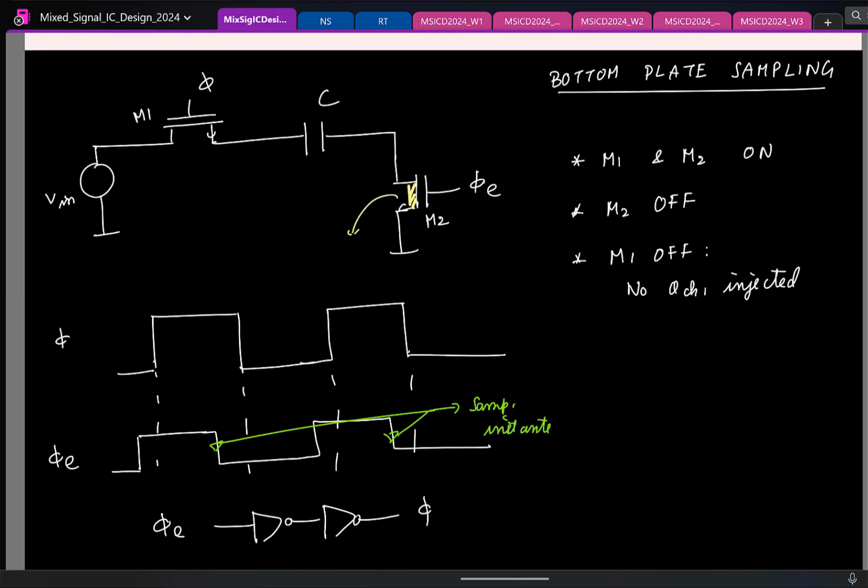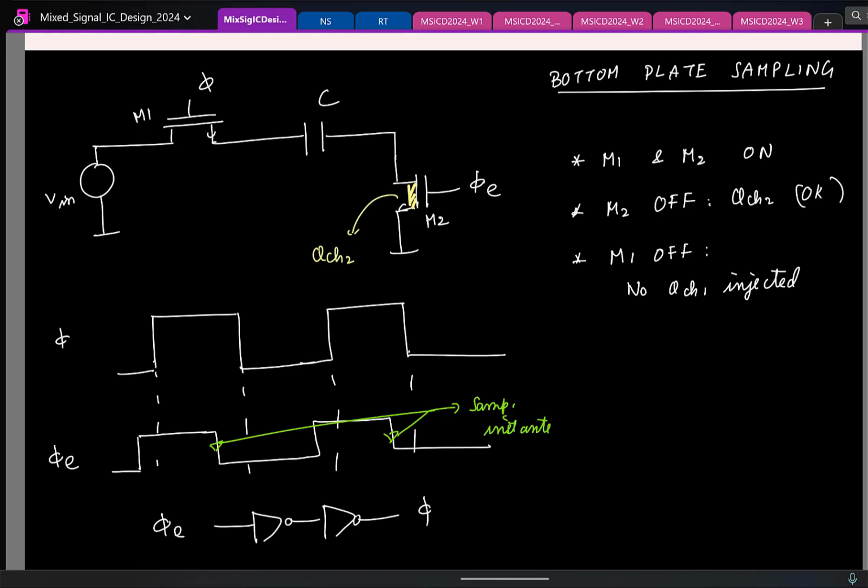It's VDD, threshold voltage is also fine because the source is grounded. So do you think it's dependent on the input? This is basically a constant charge. Of course when you turn it off, I'll have QCH2 injected, but that's okay, because there is some constant charge that I am adding every time, which is like an offset.